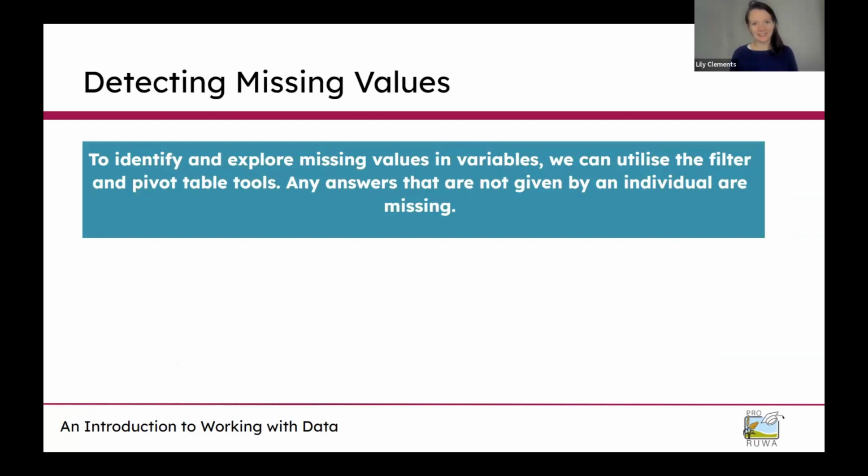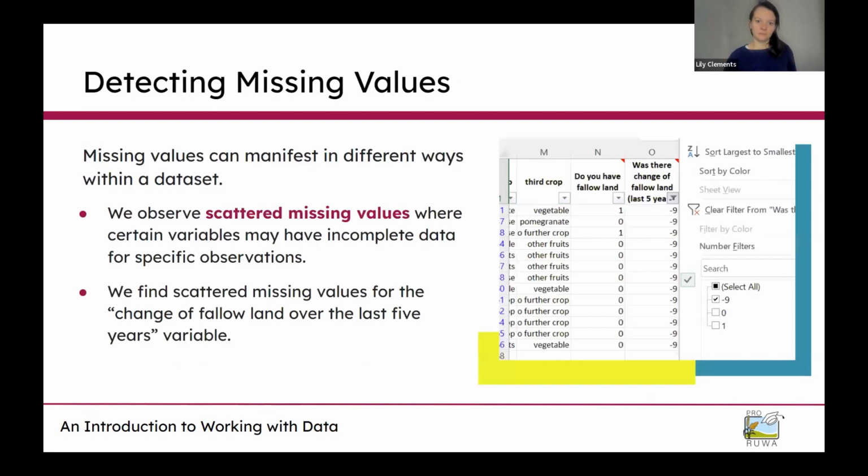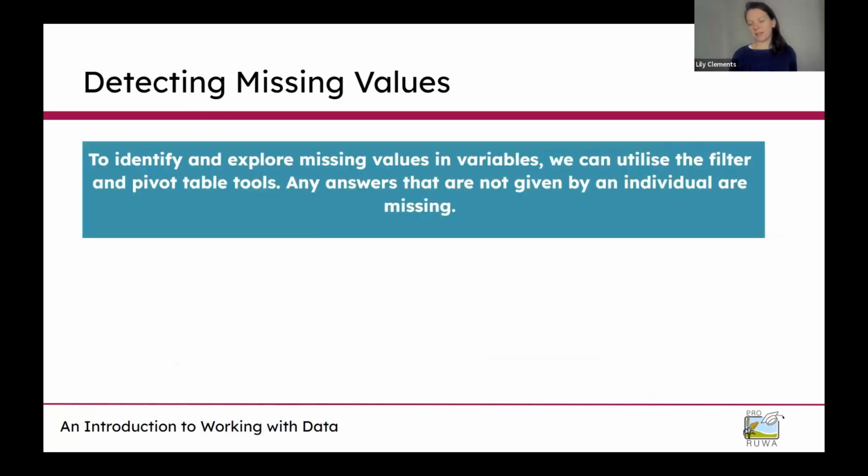So, detecting missing values. To identify and explore missing values and variables, we can utilize the filter and pivot table tools. Any answers that are not given by an individual are missing. To add to that, sometimes someone does give an answer, but it's clearly incorrect.